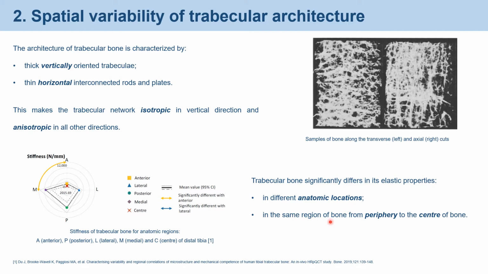And secondly, even in the same region of bone, from periphery to the center of bone, elastic properties of trabecular bone differ. And as shown in this figure, the anterior region of distal tibial bone has the lowest stiffness among all the other regions, which correspond to letter A here. And the medial region of distal tibia has the highest stiffness.